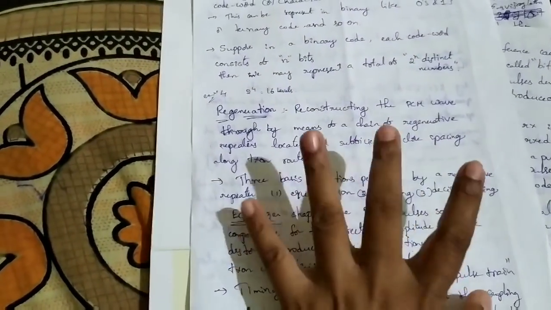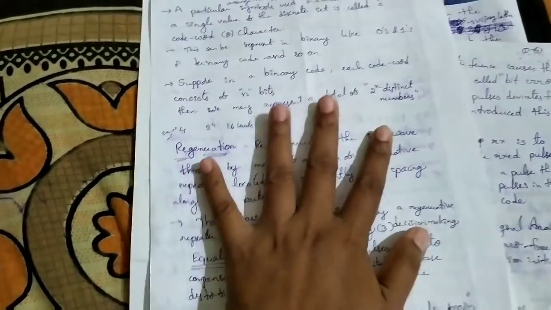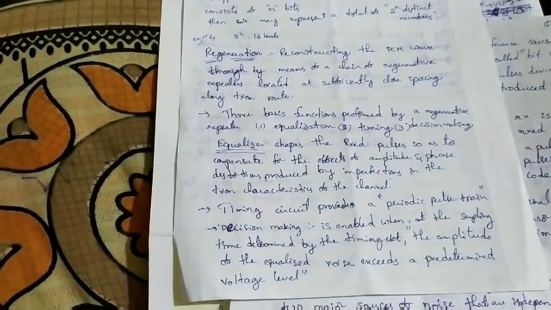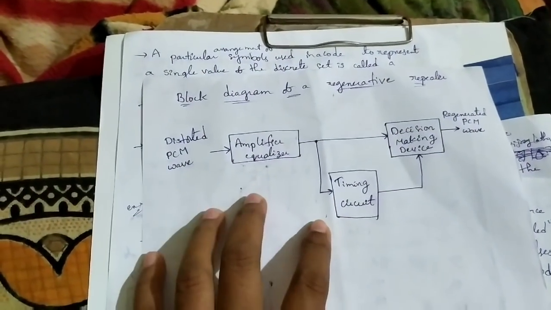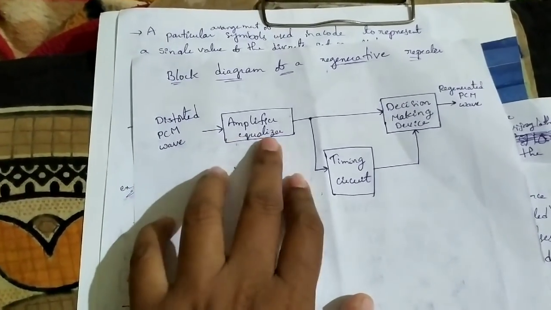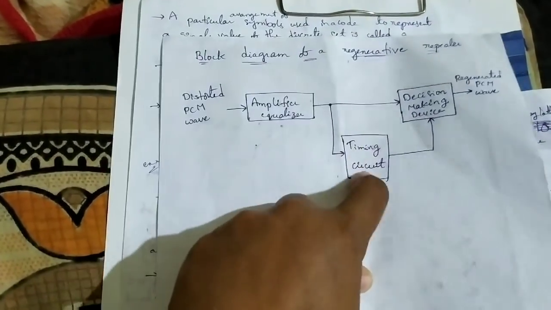So we have one circuit for the regenerative repeater. I will show that one. See here, this is the circuit for the regenerative repeater. Distorted PCM wave, amplifier equalizer, decision making device, timing circuit.